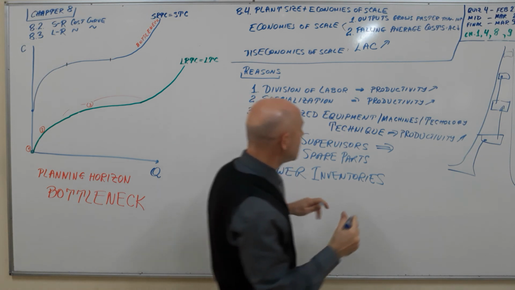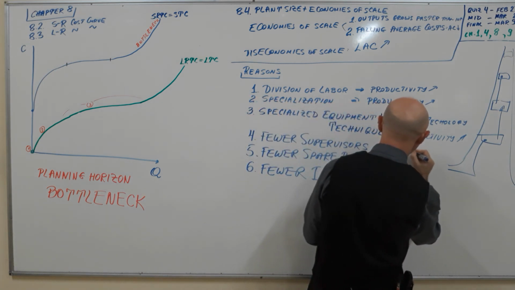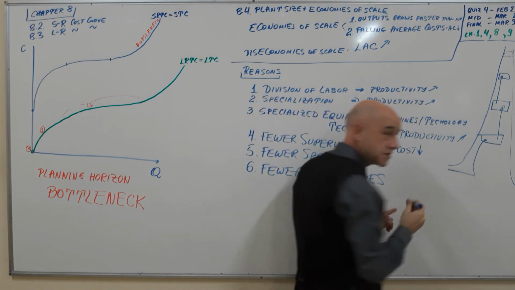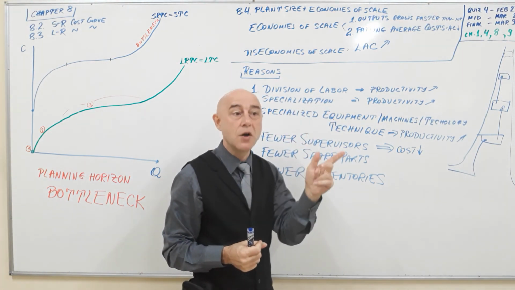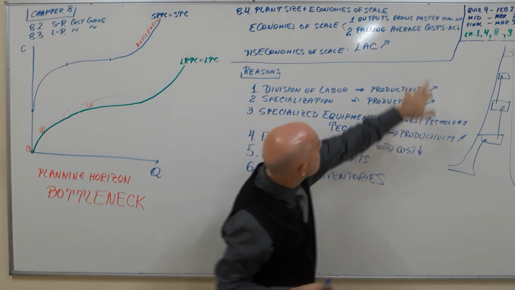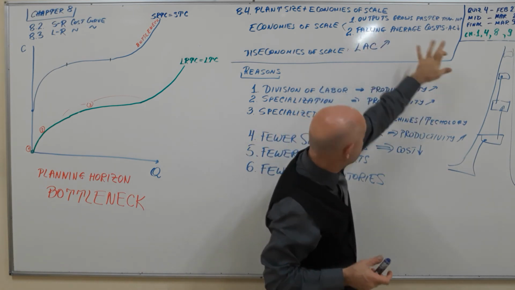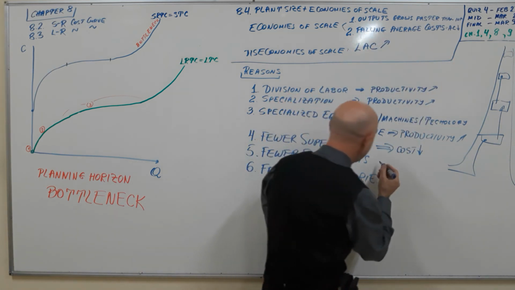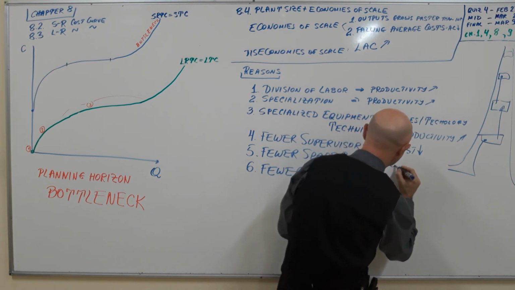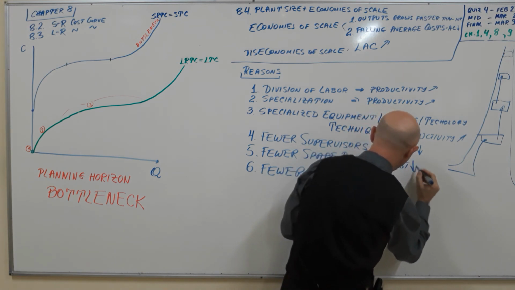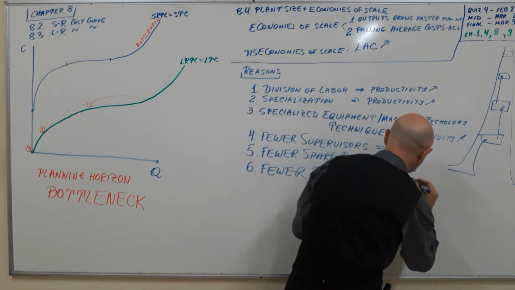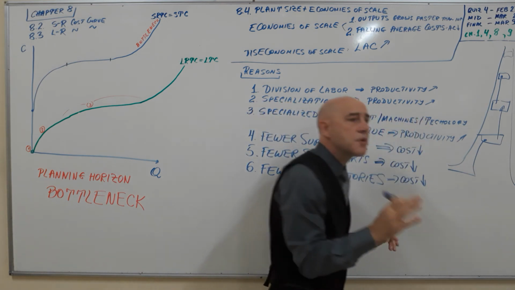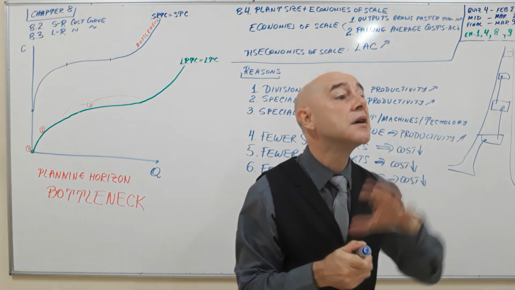Here, fewer supervisors means lower costs per unit, falling average cost. Fewer spare parts means again lower cost, and fewer inventories means lower cost. Someone had a question? Yes?